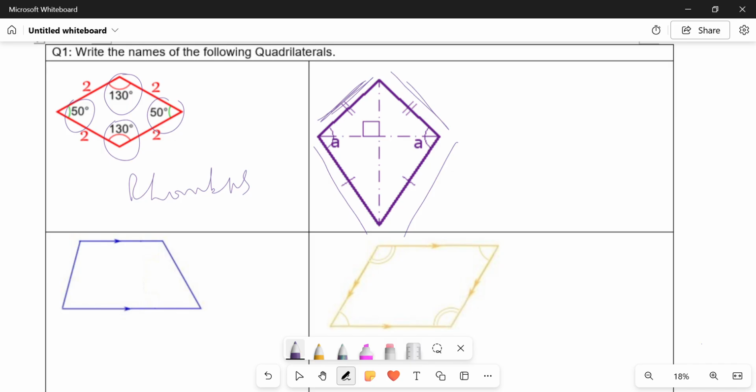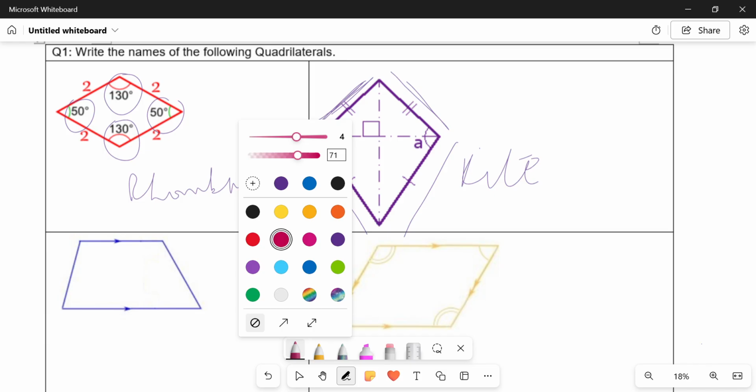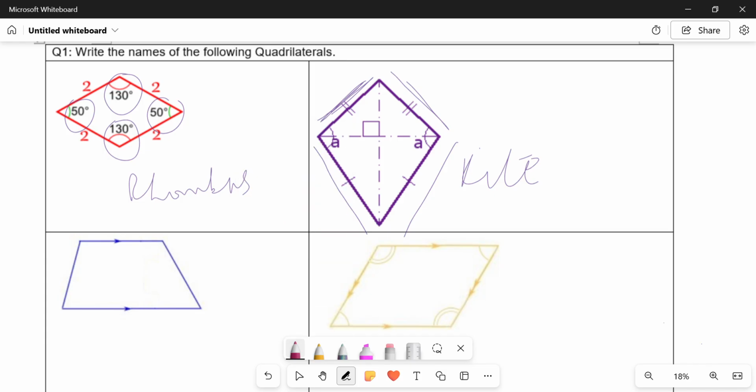So the first two sides are shorter, and these next two sides are longer than them. That's why it is the shape of a kite here, right? Okay. Now the next shape here, so easy, right? This one is a trapezium. Okay, now the last one, everybody knows that this is a parallelogram.